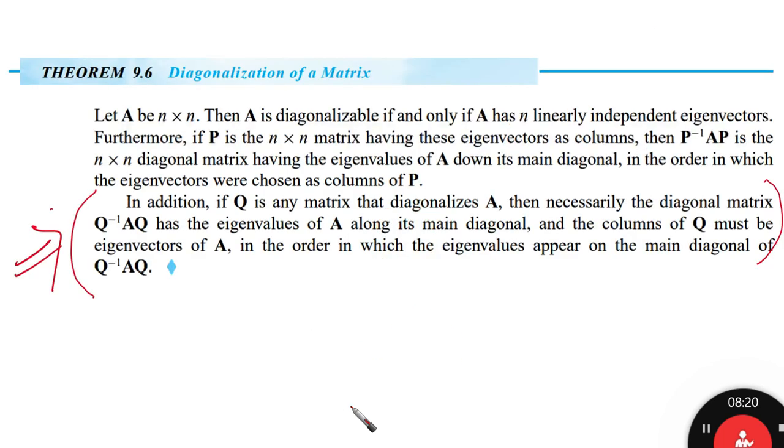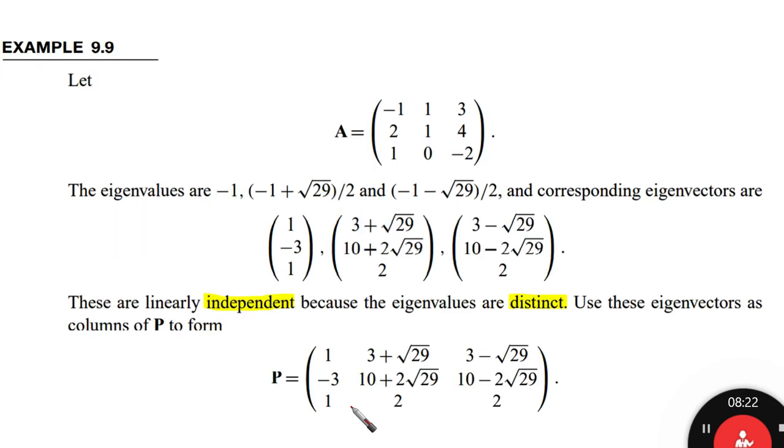Now let's go to the next example and see how we can solve it. It's a little bit higher, the dimension of the matrix is going to be higher here. Let A equal this matrix: -1, 1, 3, 2, 1, 4, 1, 0, -2.